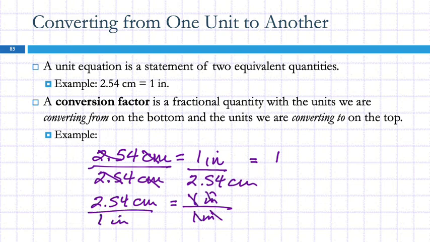And now the ones and the inches cancel out. 2.54 centimeters divided by 1 inch is also equal to 1. So I can take either of these conversion factors and multiply a length by it, and I can change the unit without changing the actual length.